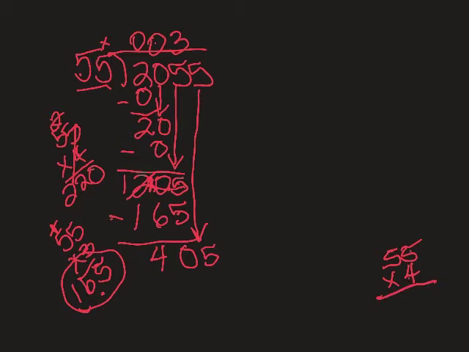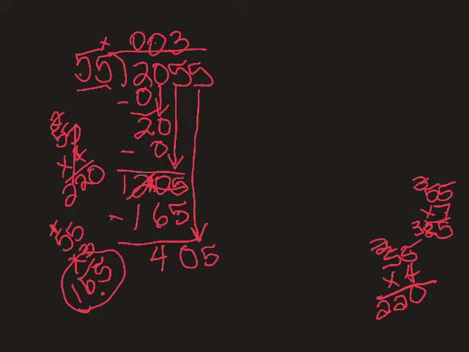So 4 times 5 is 20, plus 2, 220. Okay, it's still not close enough. So let's do 55 times 7. Okay, 7 times 5 is 35. 5 times 7 is 35 plus 3, which is 38. Okay, 385. Well, we're getting closer.